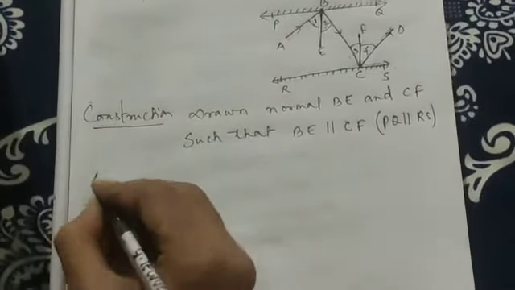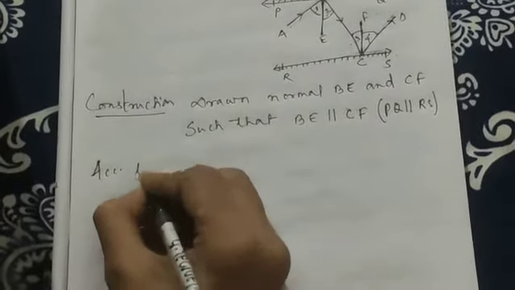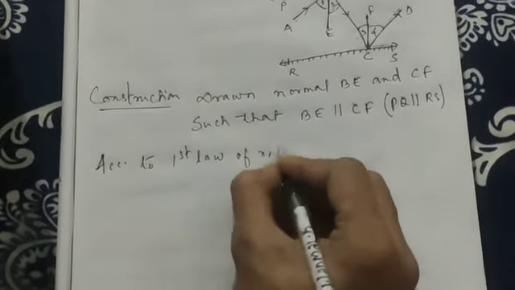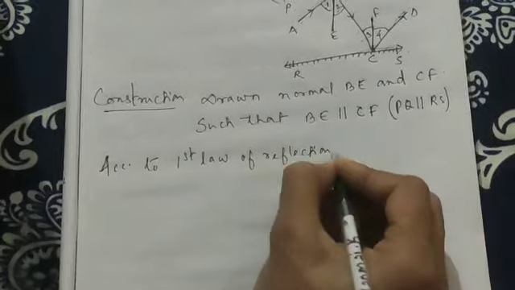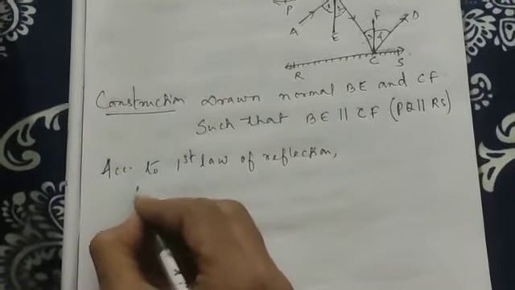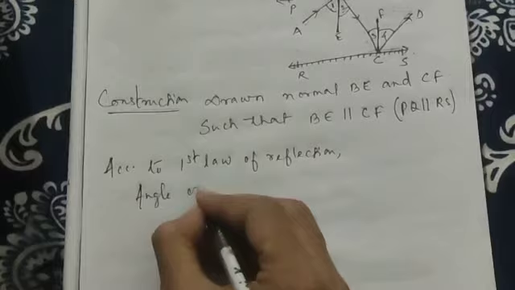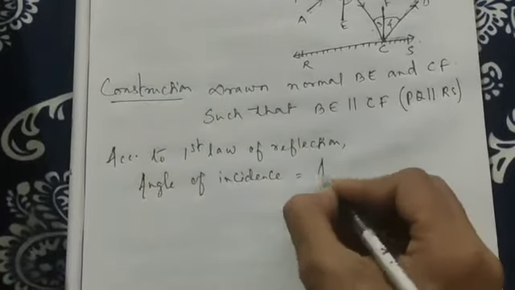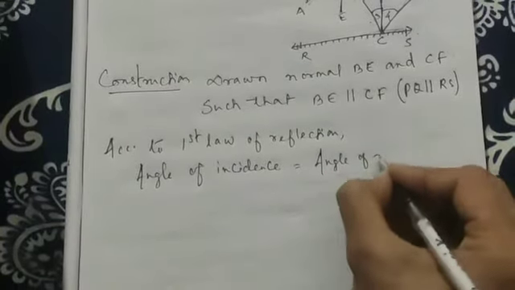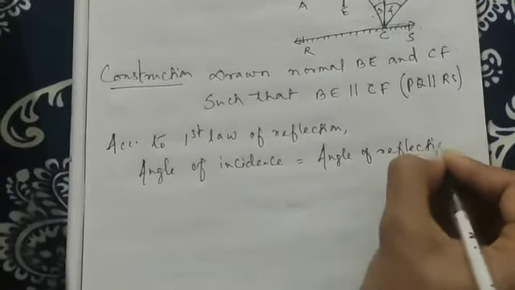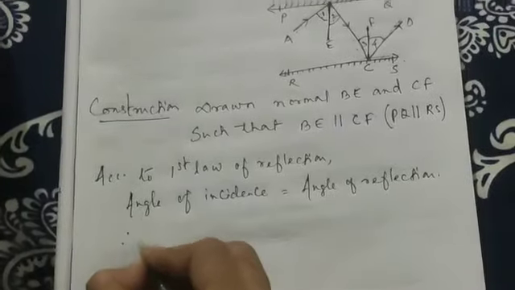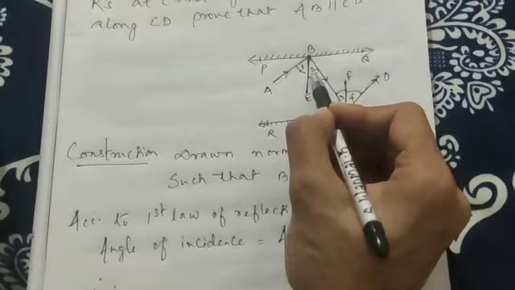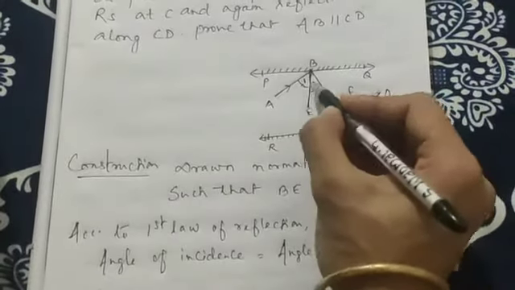Therefore, angle 1 is the angle of incidence and angle 2 is the angle of reflection. We have given the names.